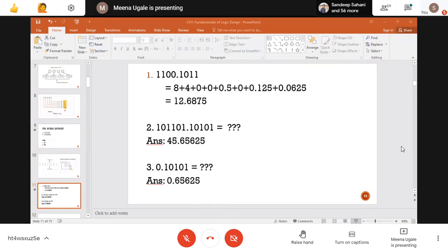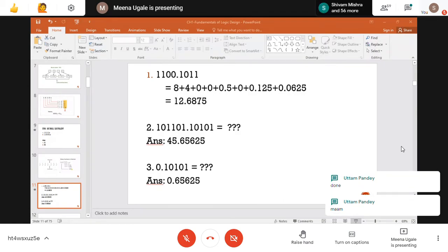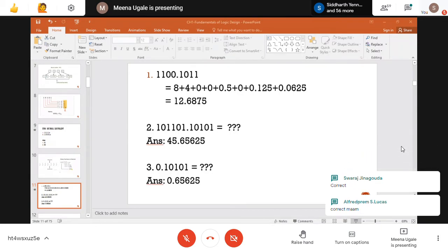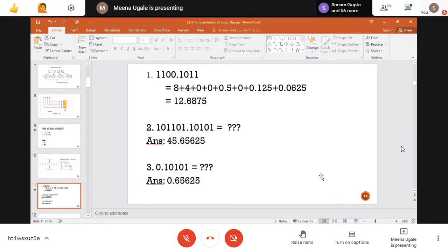Third answer. Yes, I'm getting replies in the chat box. Very good. Third is correct. Fine. So I think you understood this conversion from binary to decimal. Okay.